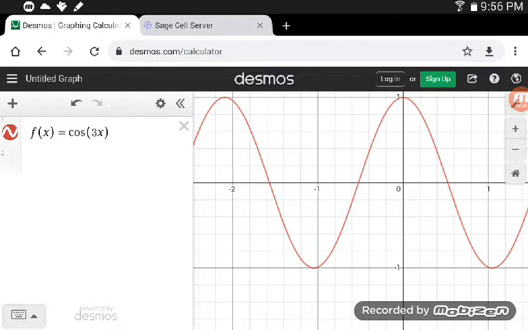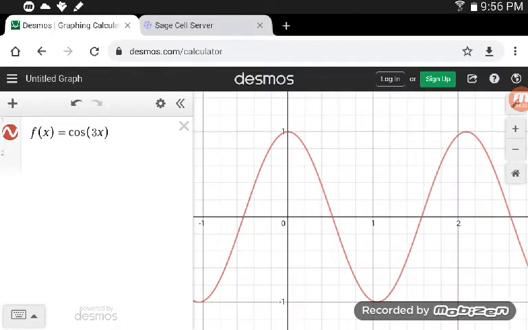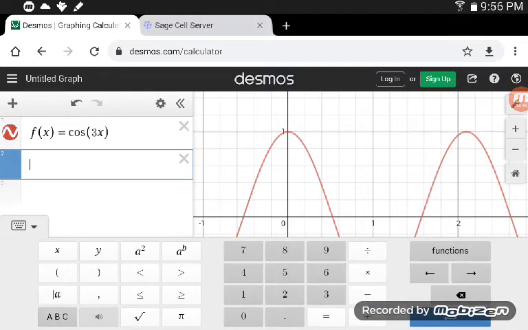We could actually plot that point by just making that point.